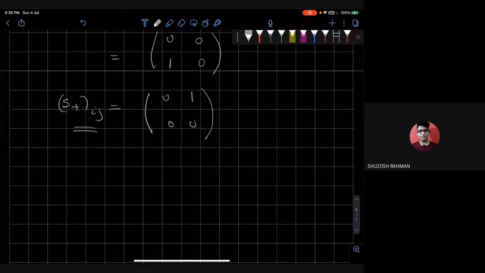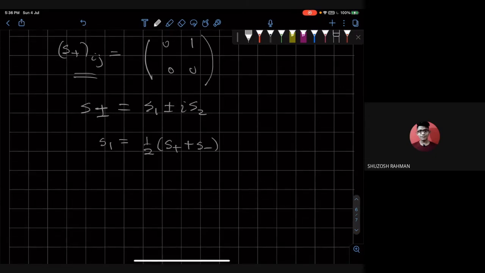From the definition of S plus and S minus, remember, S plus minus was S1 plus minus i S2. If I invert these relationships, I get S1 is half of S plus plus S minus, and S2 is going to be 1 over 2i of S plus minus S minus.